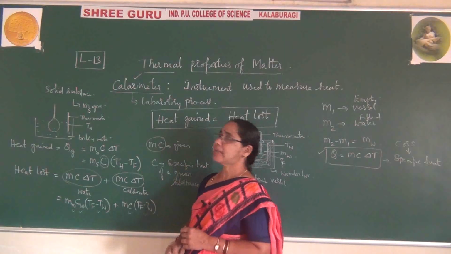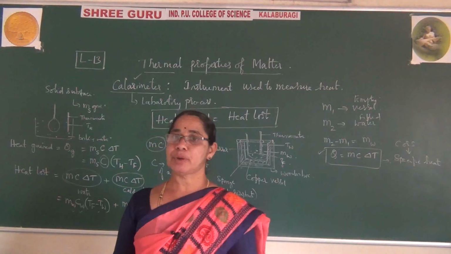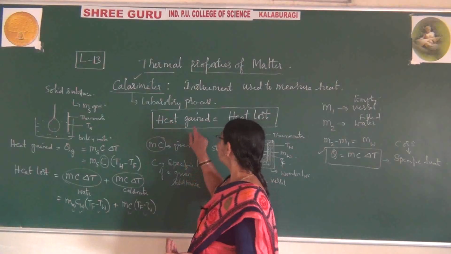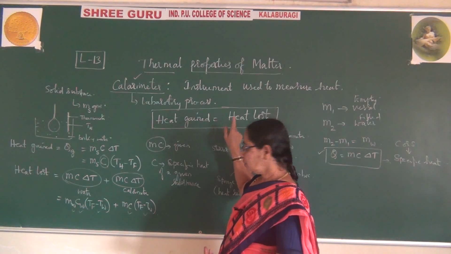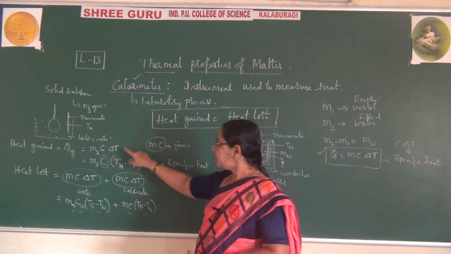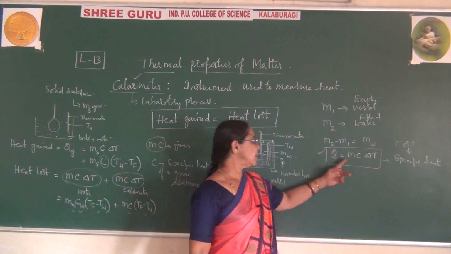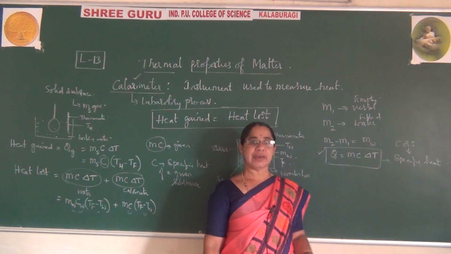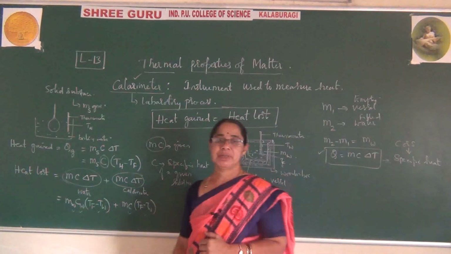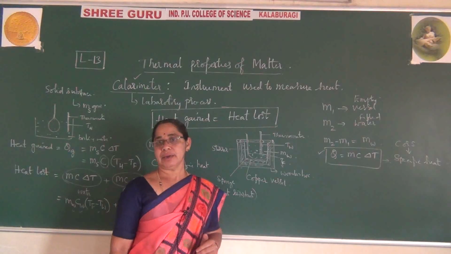Hope you understood the calorimeter experiment. In the coming days I will solve problems, and at that time I use this concept, heat gain is equal to heat lost, and also the formula Q equals m c delta T, which we learned in the previous class. This completes the calorimeter.